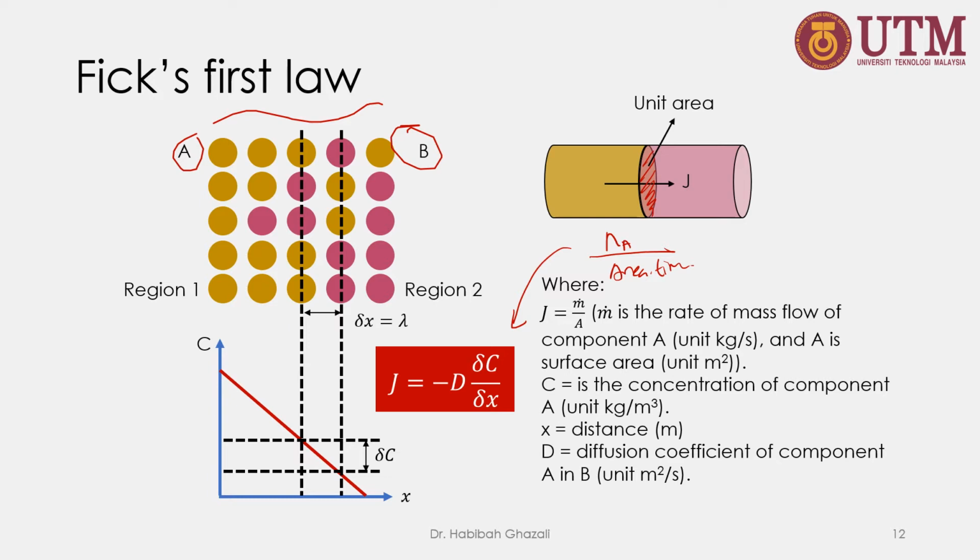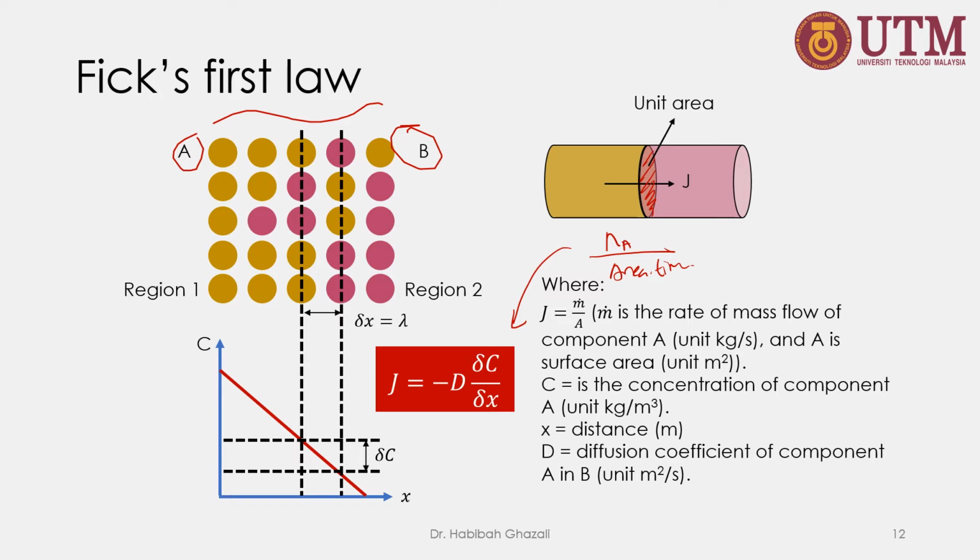He basically relates the number of atoms that pass through an area to the diffusion coefficient of the component A, which is related to the temperature. The diffusion coefficient can be determined in experiment. And he related it to the change in concentration over the change in position inside the crystal structure. So that is what we call flux.